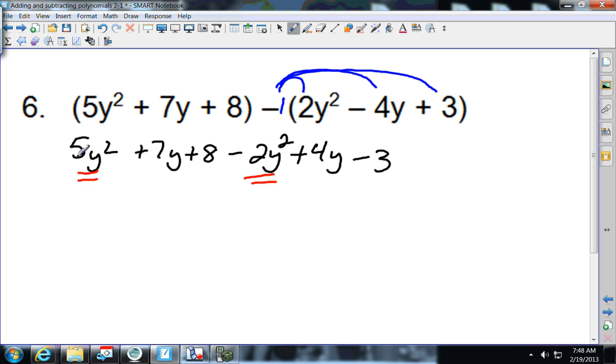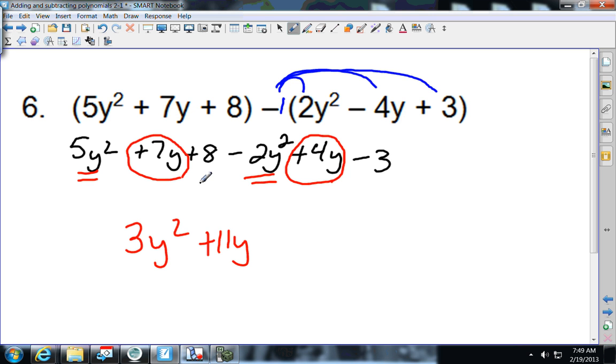I have 5 minus 2, which is 3y squared. My y's, I have a 7y plus a 4y. So plus 11y. And then I have 8 minus 3, plus 5. Okay.